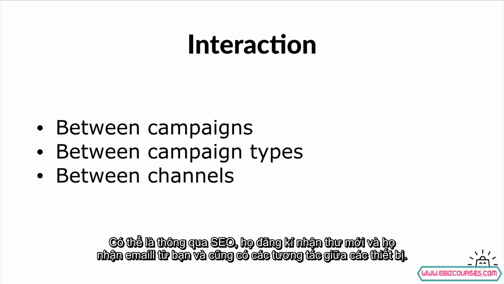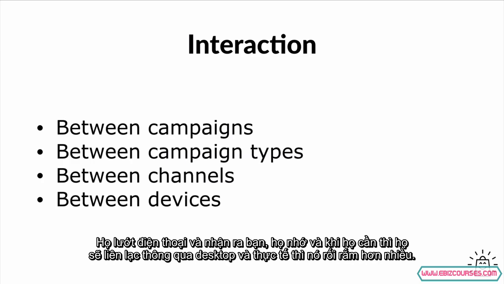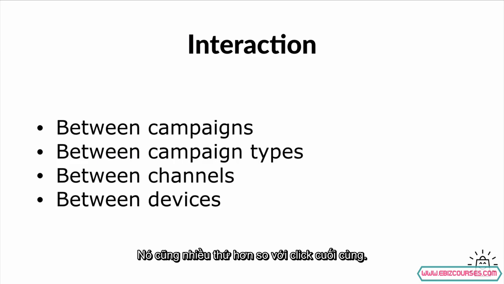As I said, maybe you get them to the site through SEO, but then they sign up for a newsletter and then they convert via email. And there's also interactions between devices. People are surfing on their mobile phone, and then at a later time they remember you, or when they need it, they come back via desktop. And you can see that the reality is very messy and a lot more complicated than that last click.